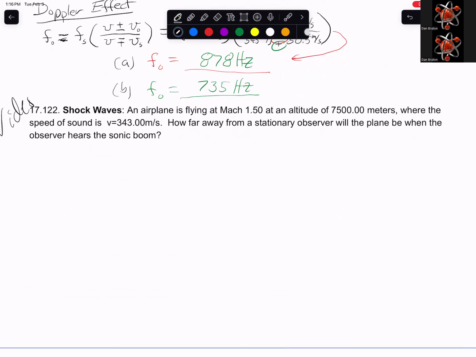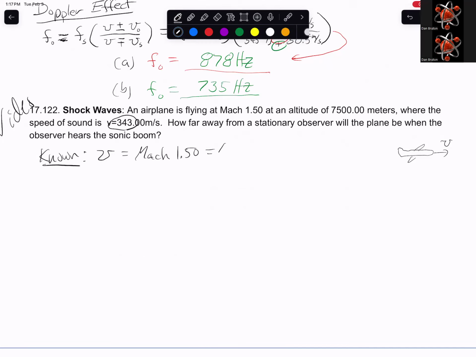If an airplane is flying at Mach 1, let's see if we can represent that airplane going with a velocity here. So a known would be that it's Mach 1.50. And it looks like this right here is the speed of sound.